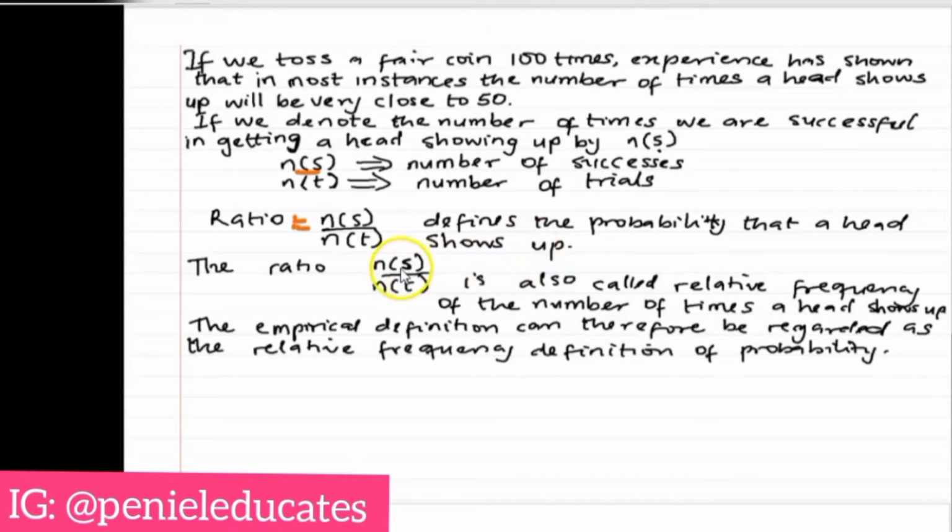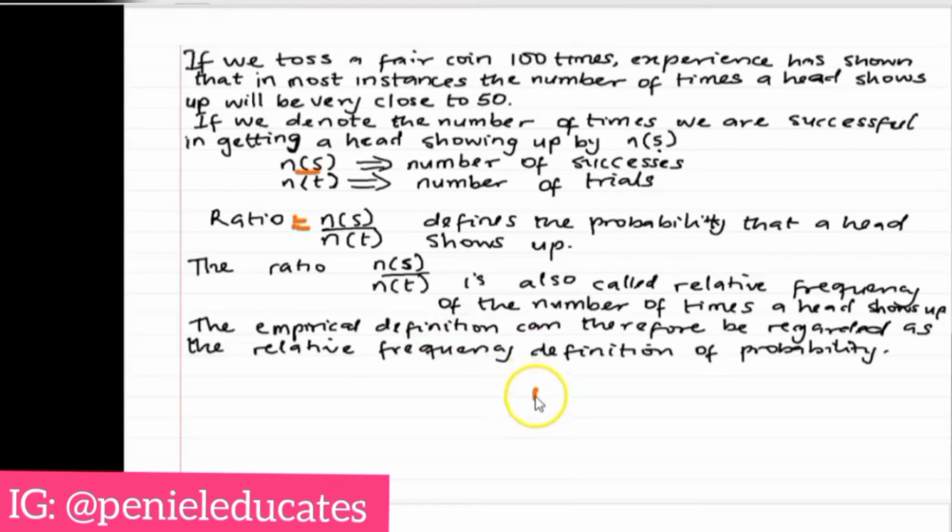This ratio of NS over the number of trials is also called the relative frequency of the number of times a head shows up. So the empirical definition can be regarded as the relative frequency definition of probability.